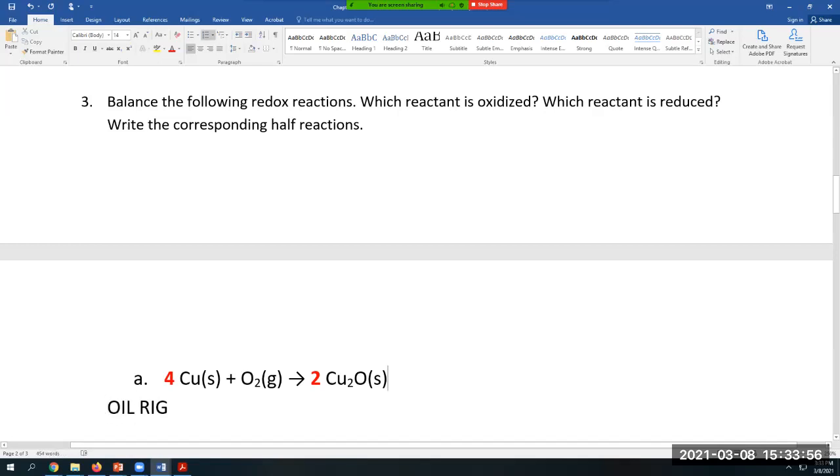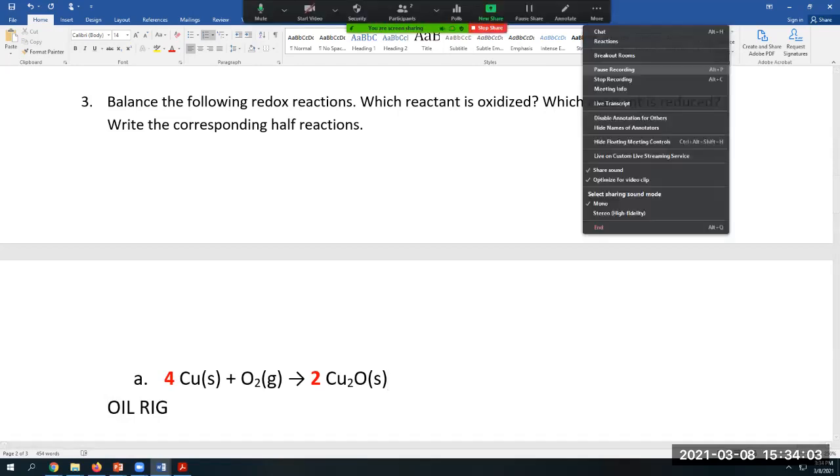So you want to find out which one. You want to find out the oxidation state of each of the elements on the reactant side and on the product side.